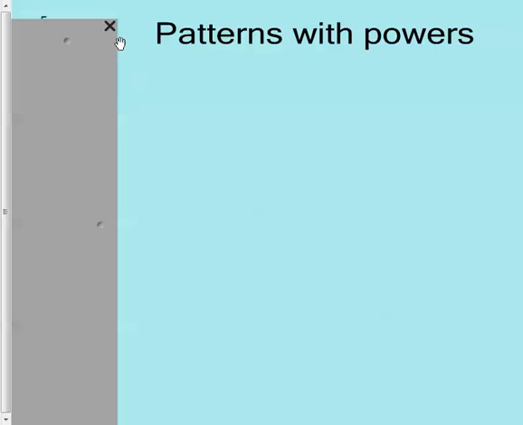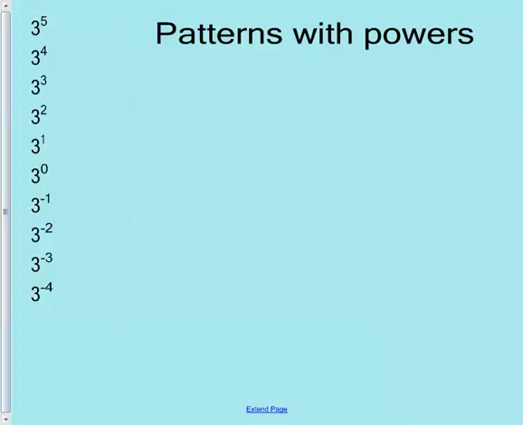Let's double check that one more time. What if we use 3's? As we go, we're dividing by 3, so 3 divided by 3 is 1. Wow, now we've got negative powers or negative exponents. So if we continue this divide by 3 pattern, what's 1 divided by 3? 1/3.